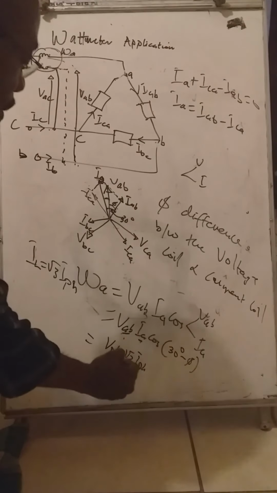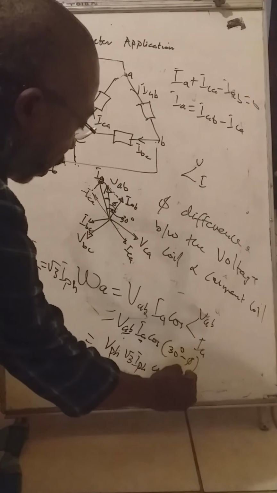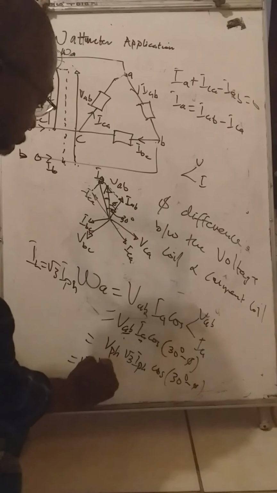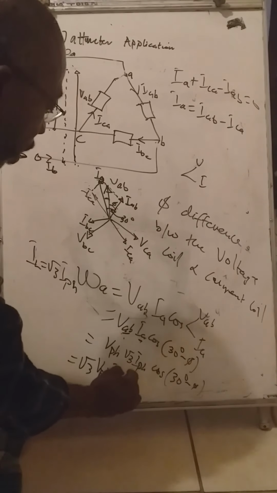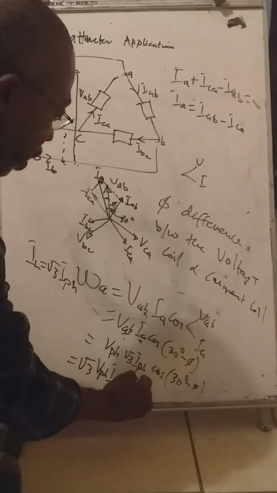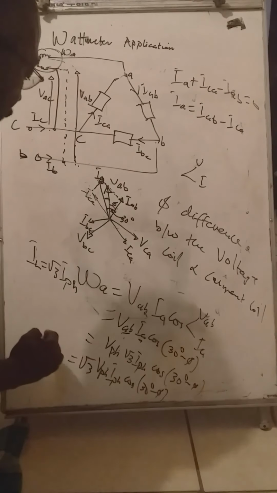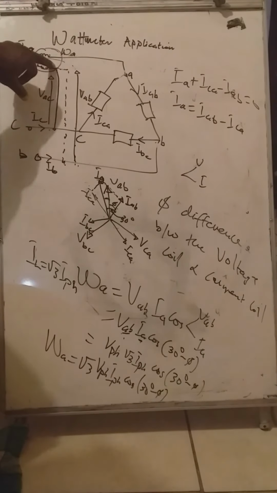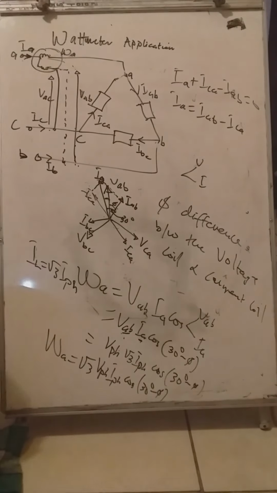So this will mean that we have √3 V phase I phase cos(30 degrees minus phi). That will be the reading of the wattmeter on line A if the voltage leg is connected to line B. This is what it will give you.